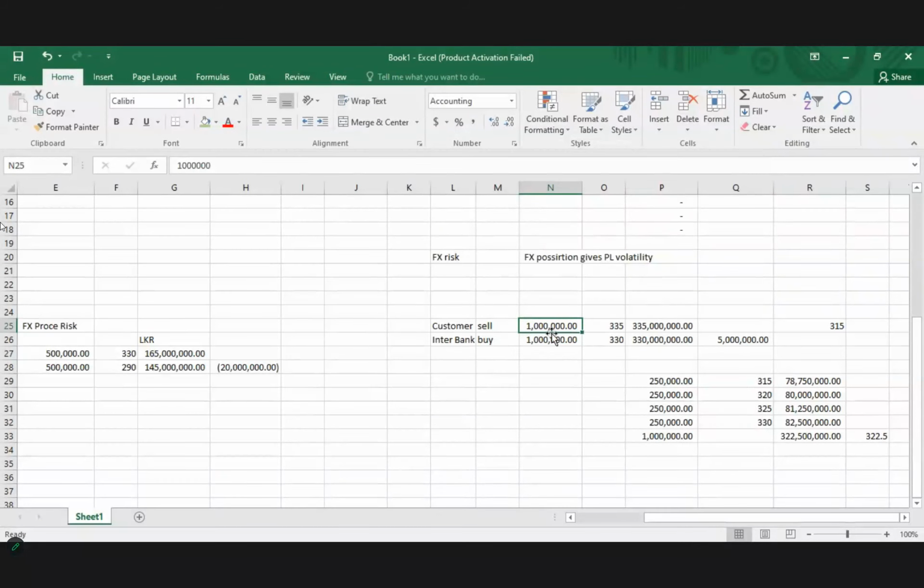To the customer, I sell $1 million and the customer sends me 335 million rupees. Here, I buy from a bank $1 million and I send to the bank 330 million rupees. Right? Now, in these cases, this is the counterparty. The counterparty also has to do an action.